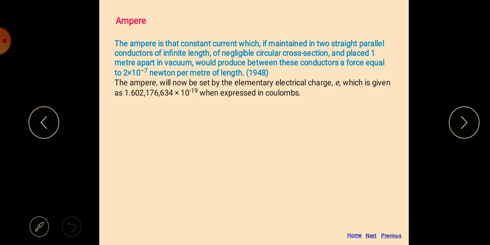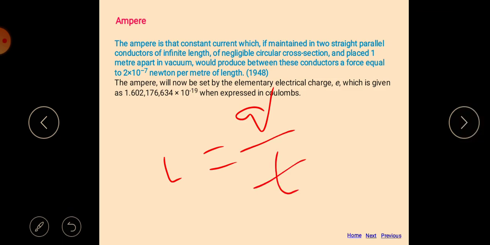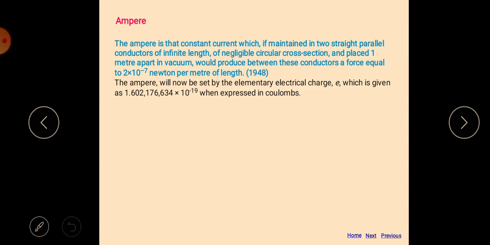In class 10th, we discussed the number of electrons present in 1 coulomb of charge. By the basic definition of electric current, I equals Q divided by T, and in terms of charge and time, we may define electric current. Suppose 1 coulomb of charge is flowing through a wire in 1 second, then current is 1 ampere.